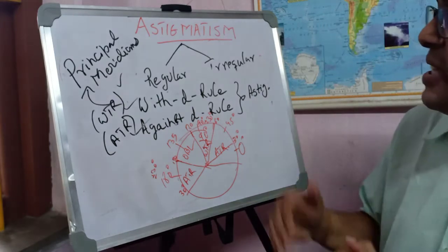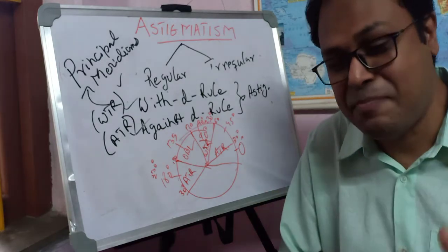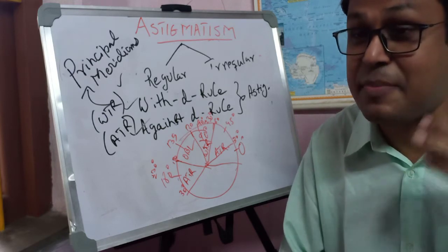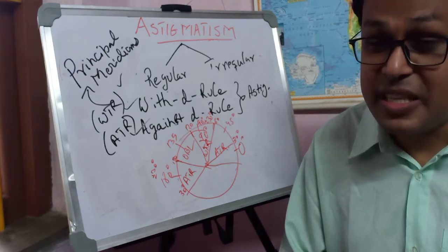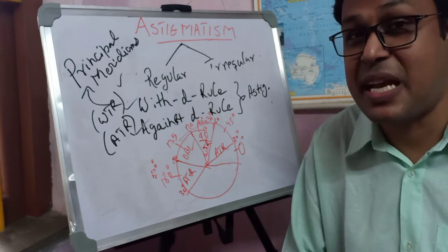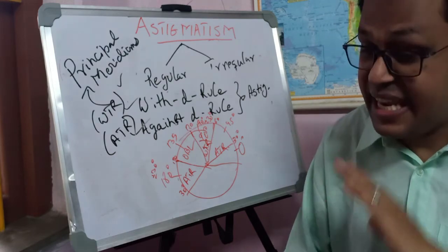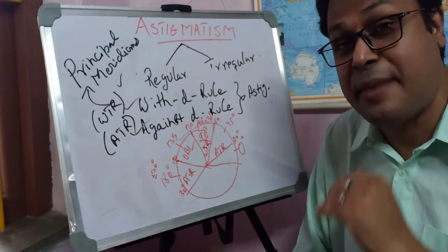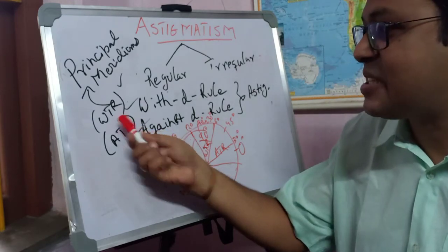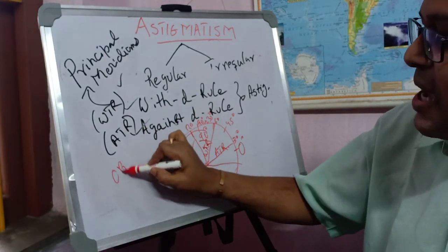So that's basically what we talked about. In this video, we talked about the types of regular astigmatism. It could be simple myopic astigmatism, compound myopic astigmatism, simple hyperopic astigmatism, compound hyperopic astigmatism, or mixed astigmatism. Regular astigmatism can be further classified into with the rule astigmatism, against the rule astigmatism, or oblique astigmatism.